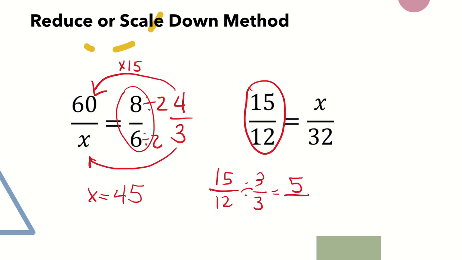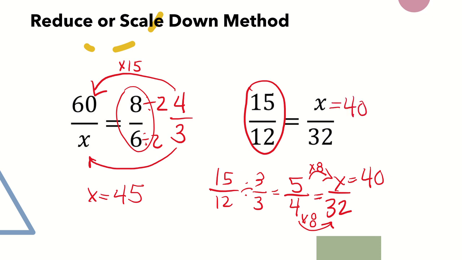Now I have a new ratio, and I can easily see that 8 times 4 gives me 32. Whatever I do to the bottom, I also do to the top. So 5 times 8 gives me 40. So x will equal 40.